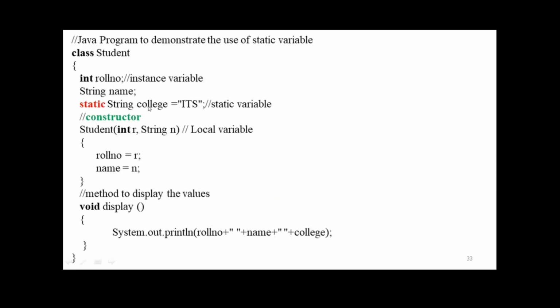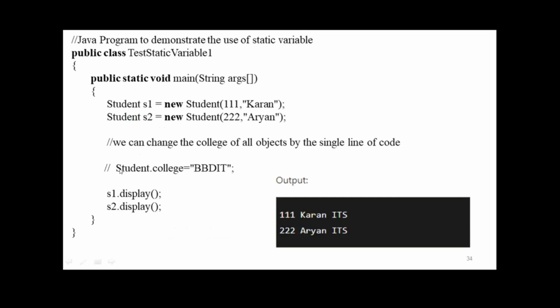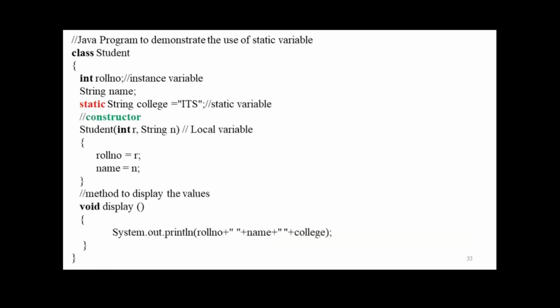Student.college. If you mention Student.college = BBDIT, then it will reflect in both objects. Here I mentioned a comment, that's why it is not displaying that output. But if you uncomment, in place of ITS it will display BBDIT. Remember one thing, whenever you access any static method or variable, how can you access it? With the class name, not the object name. Clear?